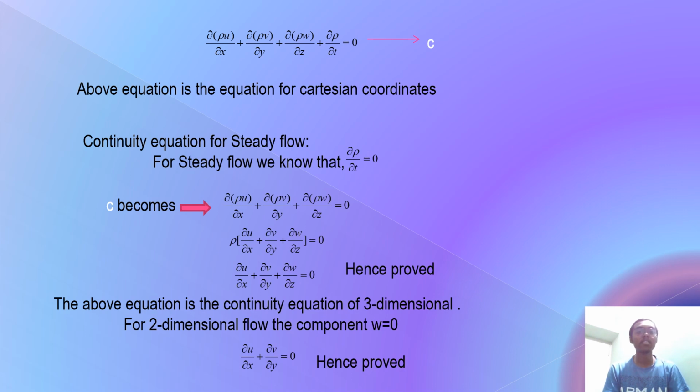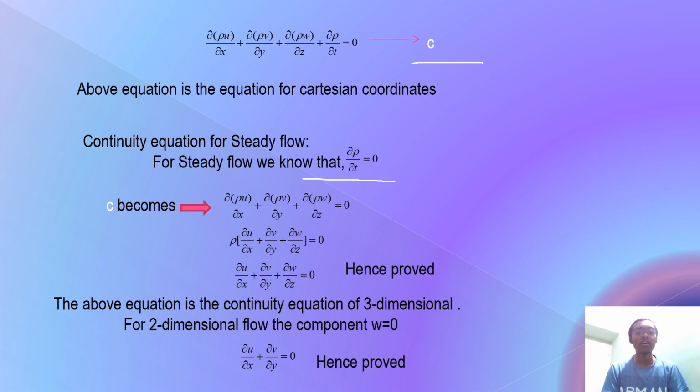Continuity equation for steady flow. For steady flow, we know that del rho by del t is equal to 0. Since this, the equation becomes del rho u by del x plus del rho v by del y plus del rho w by del z is equal to 0. In this equation, rho is common.